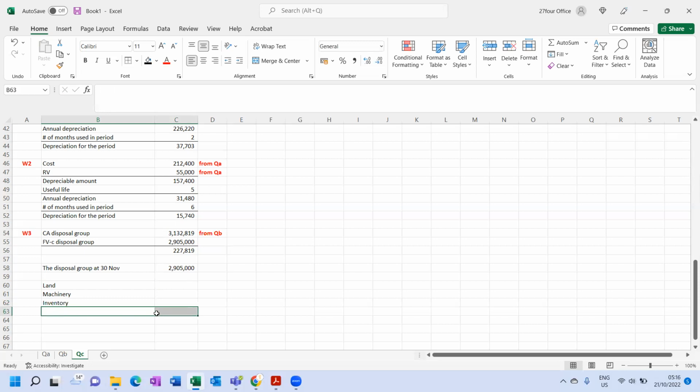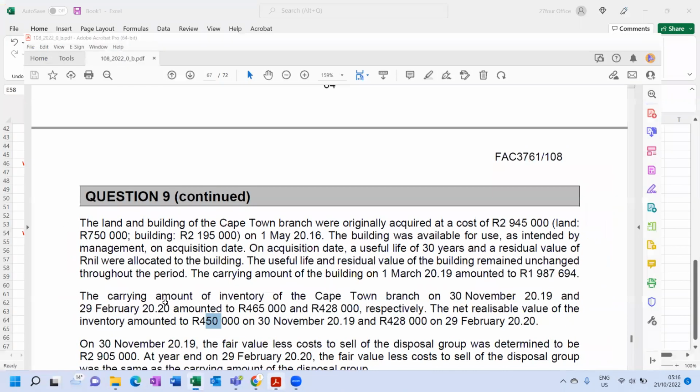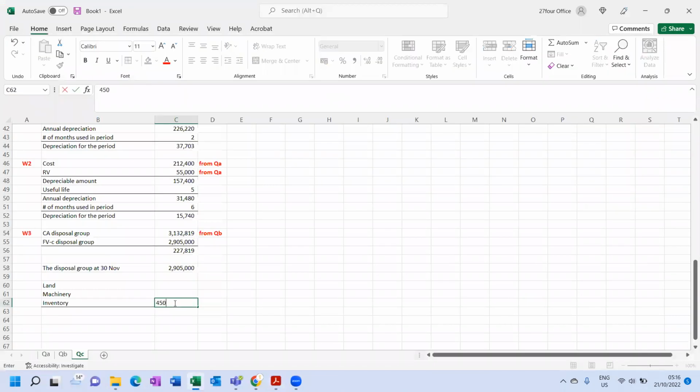Okay. At 30th November, the inventory balance was 465, but the NRV was 450. Inventory must be recognized at the lower of cost and NRV. So NRV is lower, so this would be 450.